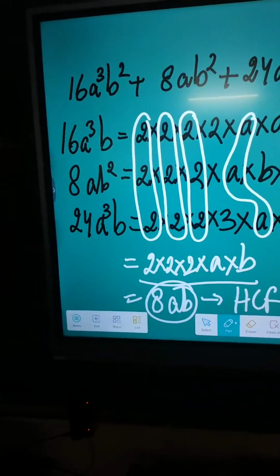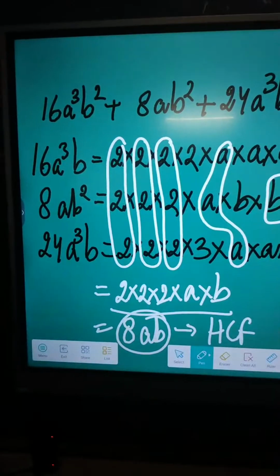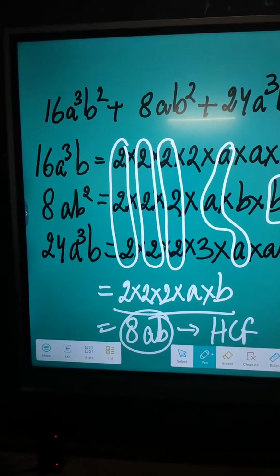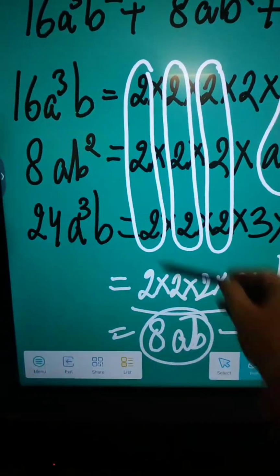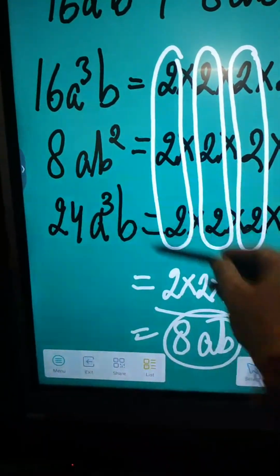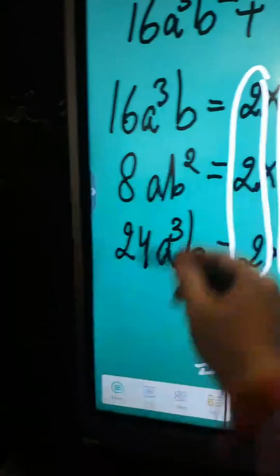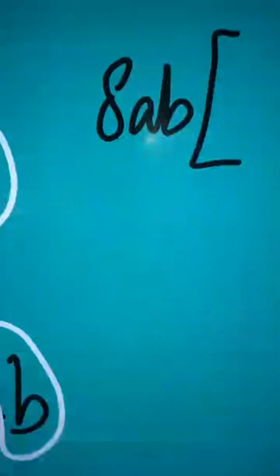So 16a cube b will be divided by 8ab, and 8ab square will be divided. When you divide all these terms by the same HCF, it will give you some answer. The answer is kept now in the bracket.